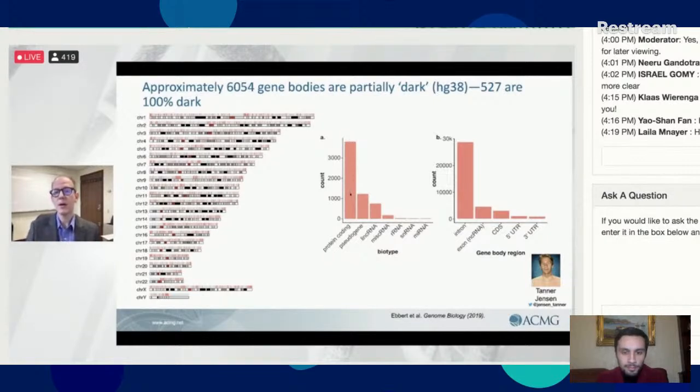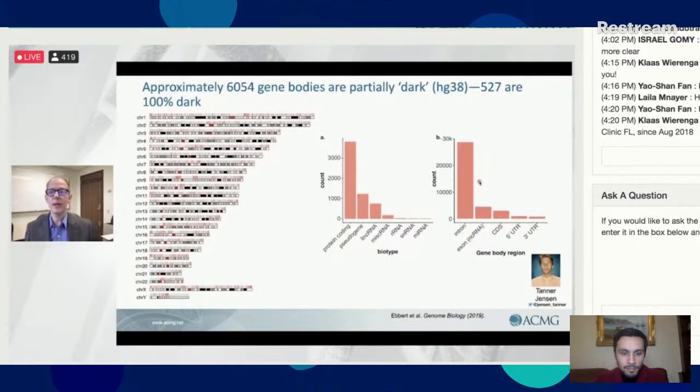But from there, we then wanted to see which element of a gene body is most likely to be dark. And unsurprisingly, it turns out that it's the introns, followed by exons from non-coding RNAs, then actual coding exons, followed by 5' and 3' UTRs.